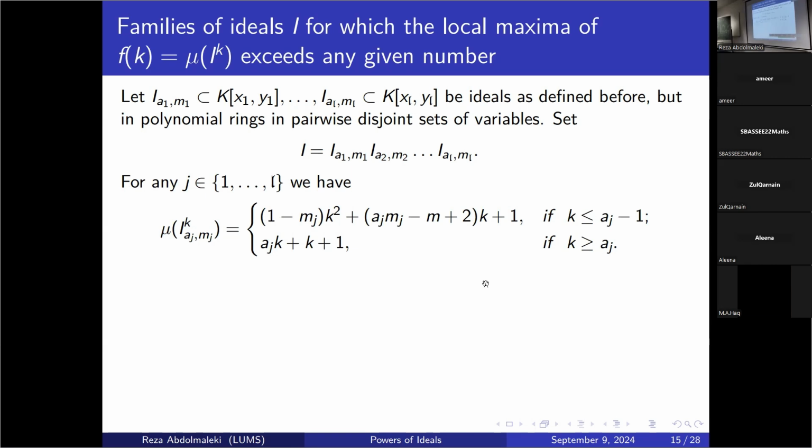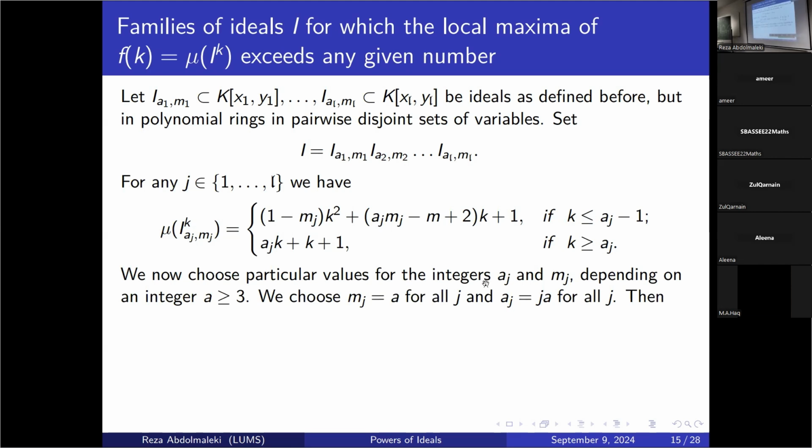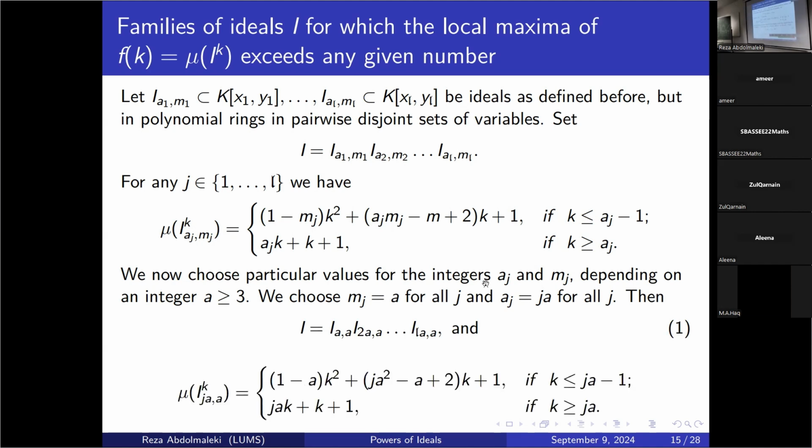We had the relation for mu of I^k, which was this one. But if we consider particular choices like M_J to be A and A_J to be J, then we will have I is this, and mu will be this.